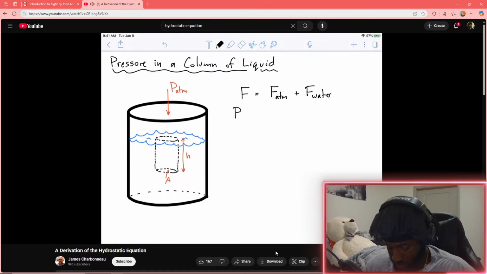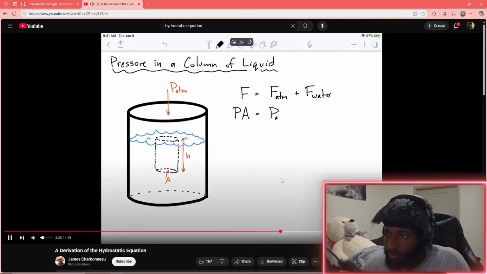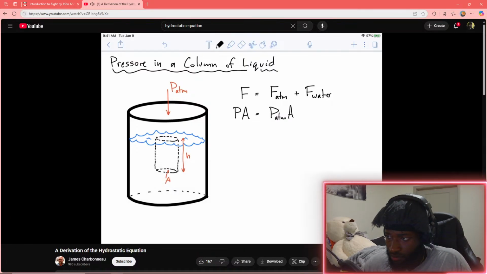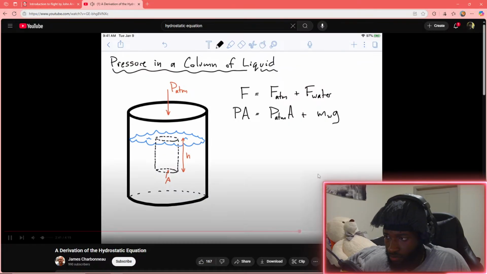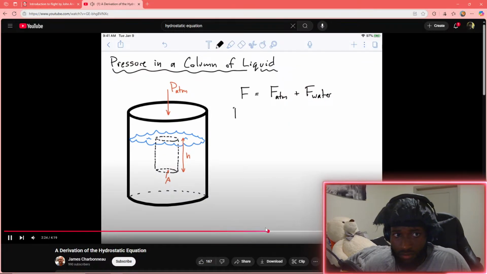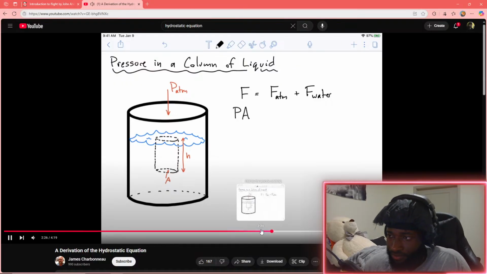This atmospheric force is equal to atmospheric pressure times the A on the top of that cylinder. And the force of the water is equal to the mass of the water times g, the acceleration of gravity.